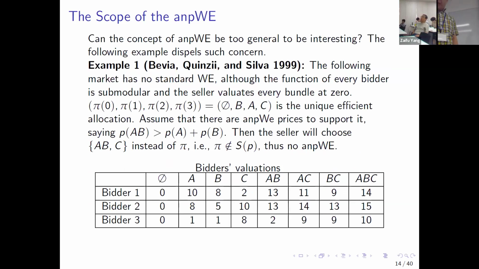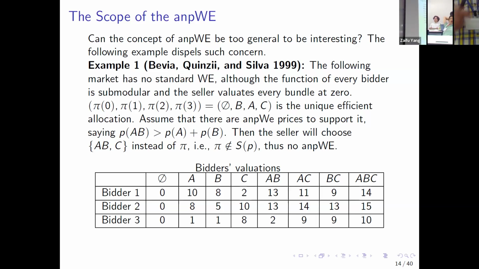Okay. The other question you might think about is whether this anonymous nonlinear pricing equilibrium could be too general to be interesting. This is also an issue we may think about.